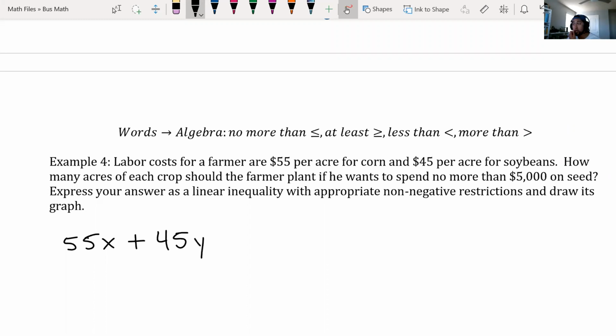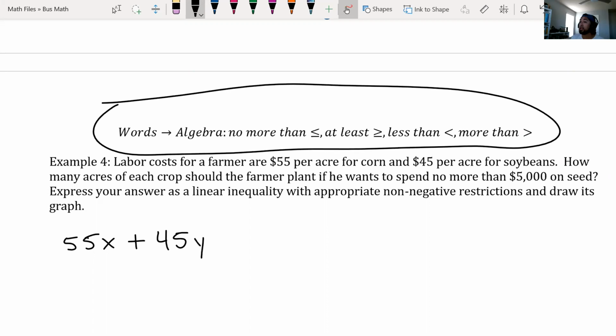And to finish off this linear inequality, we want to spend no more than $5,000 on seed. So if you look above, I have translating English into algebra, and no more than is going to mean we're going to use the inequality less than or equal to 5,000. No more than $5,000 on seed. That makes sense? Okay.